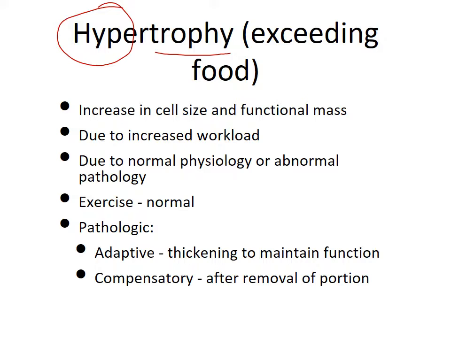And those pathologic versions could be things that are either like adaptive, so maybe the thickening of certain cell types just to stay functional. So an example might be that of the urinary bladder, whenever there's a kind of an obstruction preventing urinary outflow.